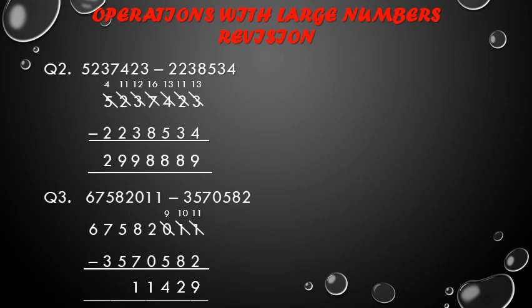At 10,000 place, we subtract 7 from 8 and we get 1. At lakh place, we subtract 5 from 5 and we get 0. At 10 lakh place, we subtract 3 from 7 and we get 4. And at crore place, it is 6, so we will write 6.